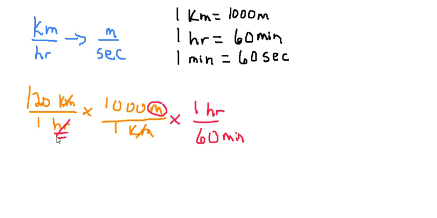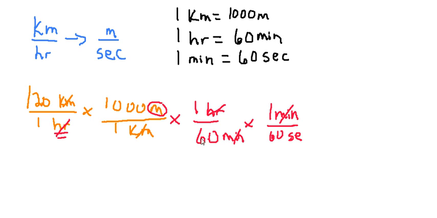And you can see that hour there and that hour there cancel. But I'm after seconds in the denominator, not minutes. So I'm going to go to my final conversion here. I'm going to multiply this by 1 minute over 60 seconds. And as you can see, this minute here cancels out with this minute.